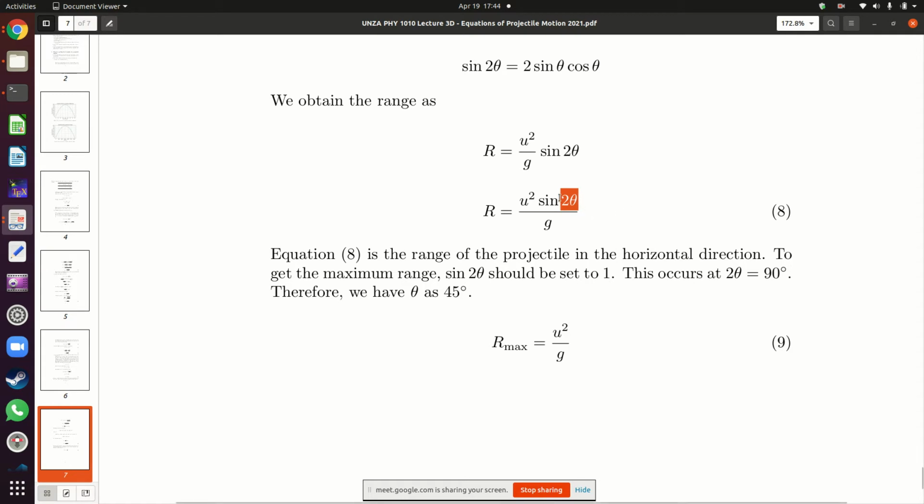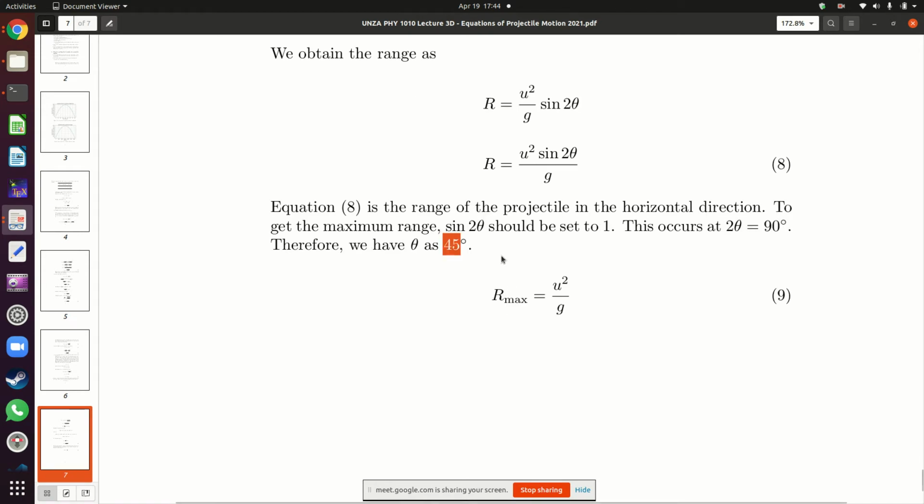So when the angle of the sine is equal to 90 degrees, your sine function gives you a value of 1, and that's the maximum value it can have. So if you want to obtain maximum range, you better make sure that sine 2 theta has an angle of 90 degrees. If 2 theta is equal to 90, then it means that theta is equal to 45 degrees.